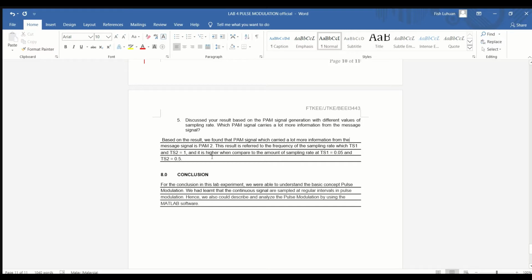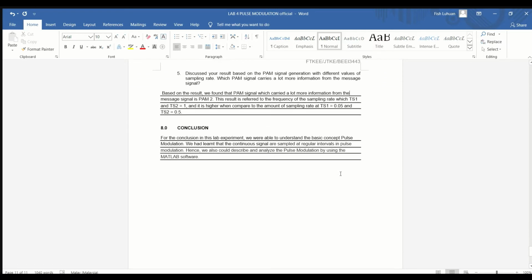Based on the result we observed, the PAM signal which carries a lot of information from the message signal is PAM2. The result is referred to the frequency of the sampling rate, which TS1 and TS2 equal to 1, and it is higher when compared to the sampling rate TS1 equal to 0.05 and TS2 equal to 0.5.